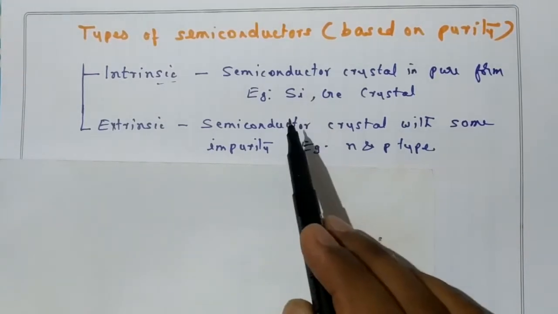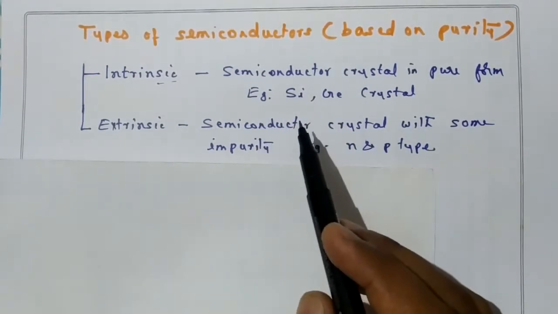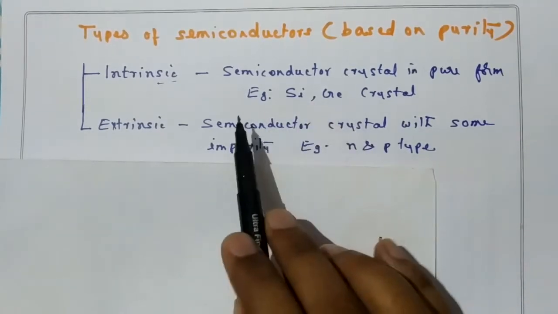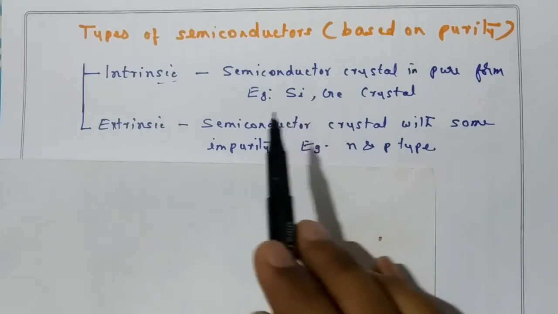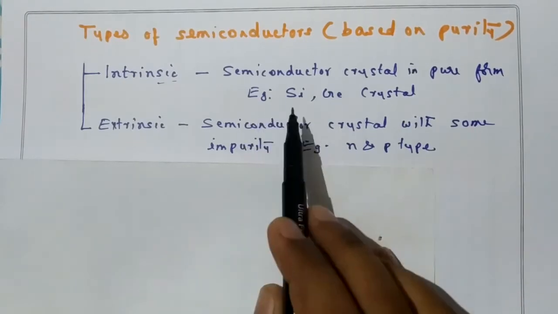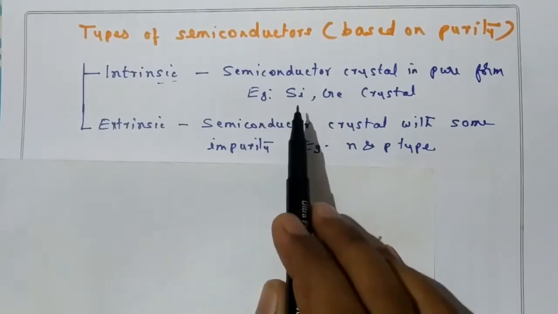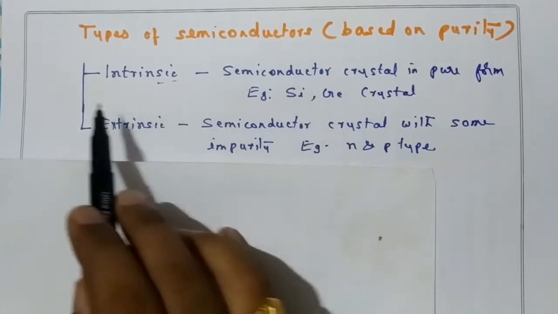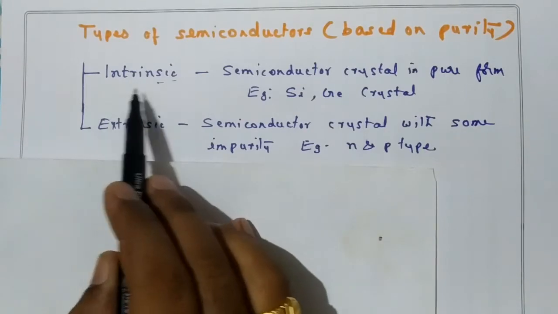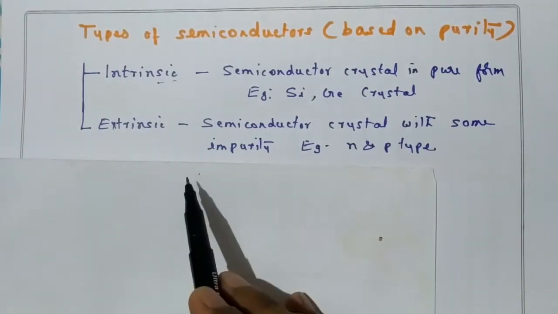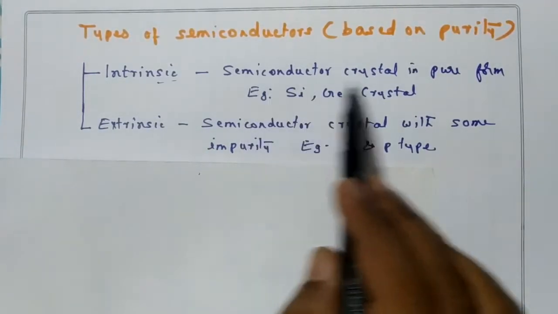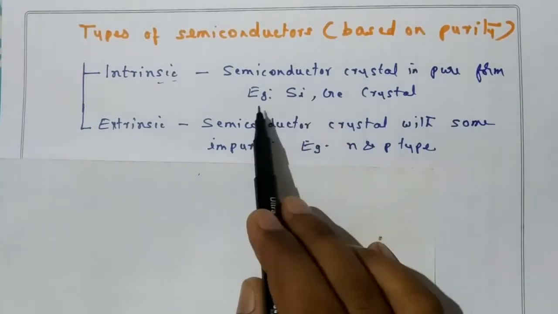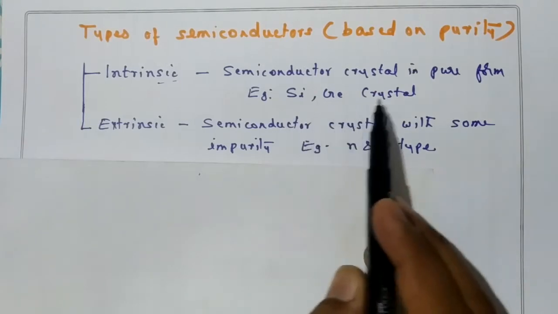However much you purify the ore, there will be a small amount of other atoms also. But let us say you are able to purify the ore so that it consists of only silicon atoms, then that type of semiconductor is called an intrinsic semiconductor. That is why it is the semiconductor crystal in its pure form. Examples are purified silicon and germanium.